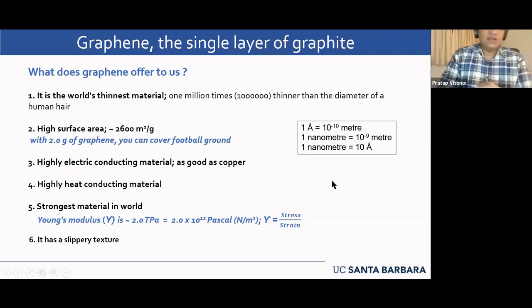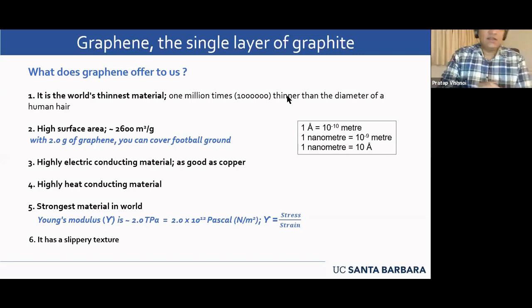Your dimensions are a few nanometers, say 10 nanometers, or sometimes less than a nanometer. And when you have such things, the properties are many a time significantly different from the bulk one. Bulk is nothing but what we can see with our naked eyes.